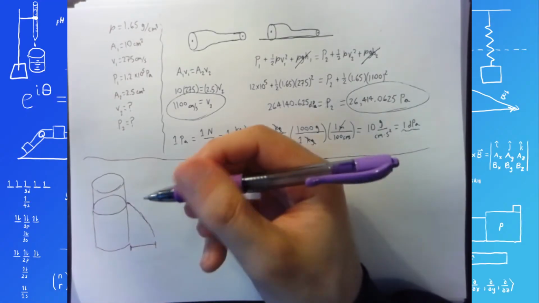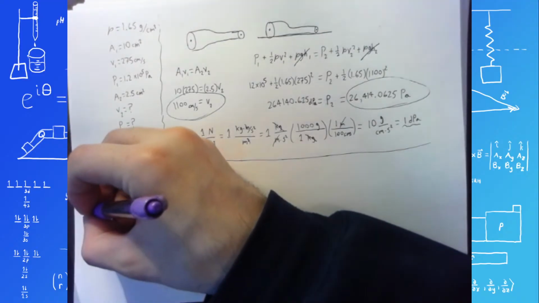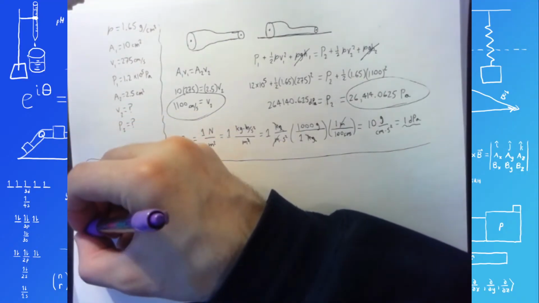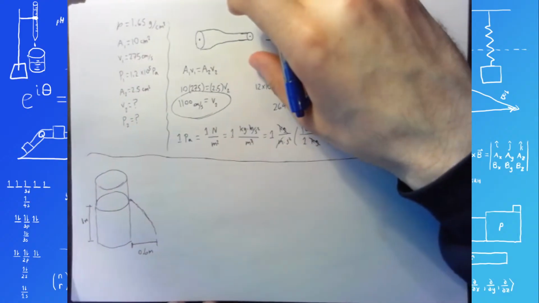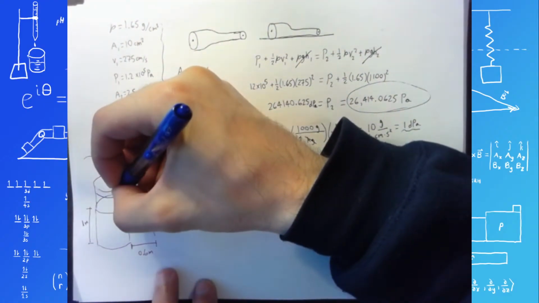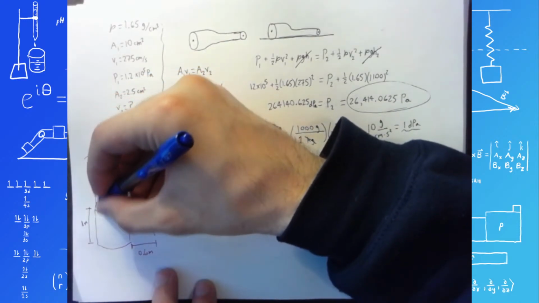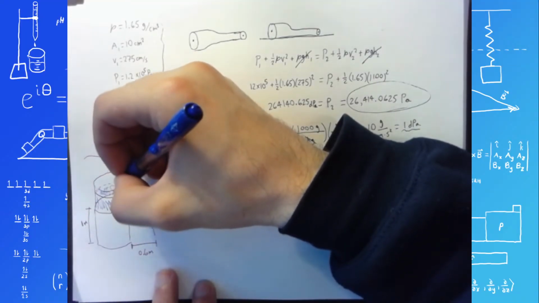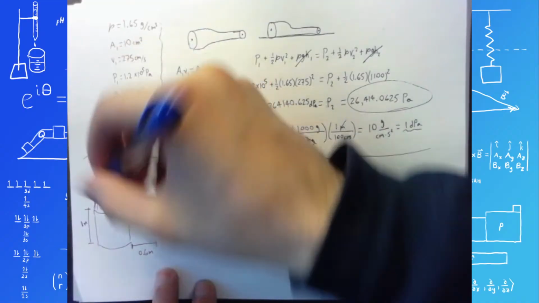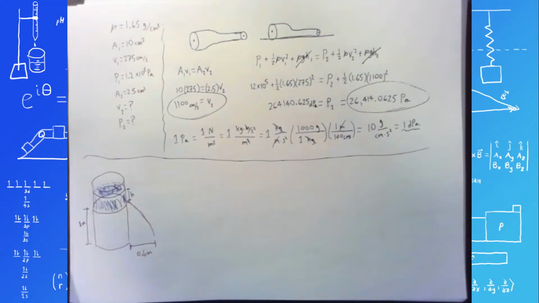The diagram shows 0.6 meters, and then this height was 1 meter, and the liquid level in here they called H, which I think they're just going to describe in the wording of the problem.